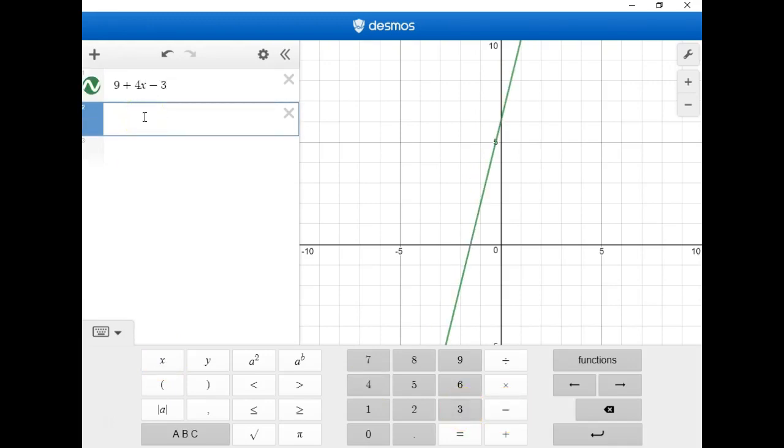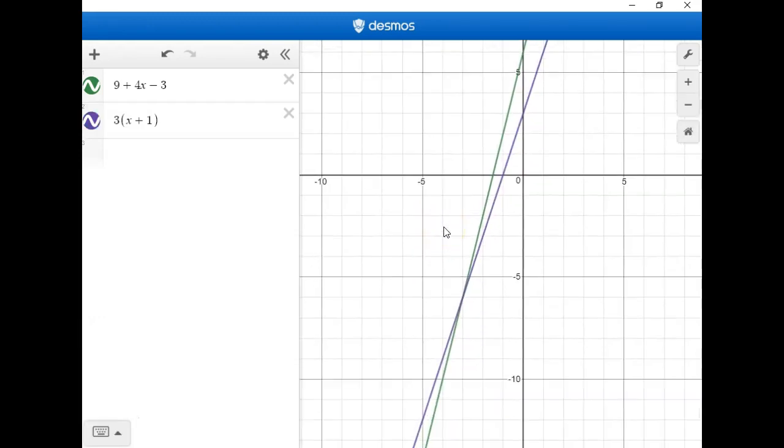And in the second box, we'll type in 3 parentheses x plus 1. Close the parentheses. Take a look at your graph. You're looking for the point where both functions touch. You're at -3, -6. Your answer is the x value. So it's going to be -3.